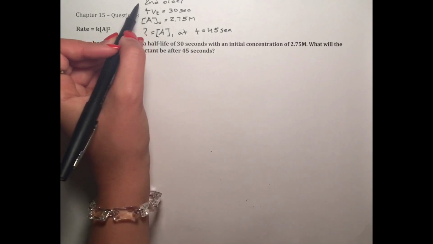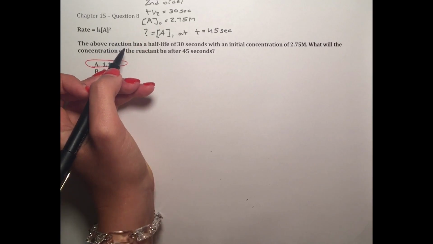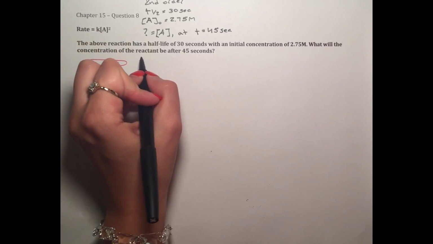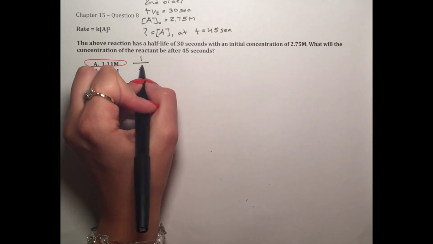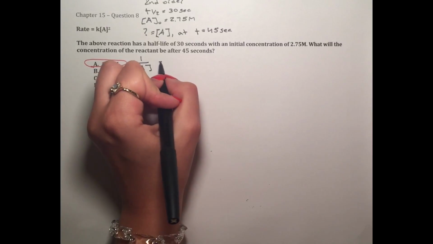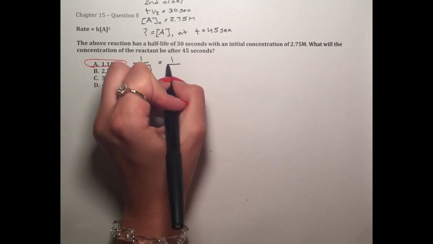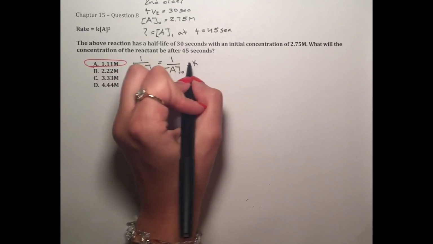Now, because we know that this reaction is second order, we have 2 equations that we're going to use. These equations are ones that you just have to memorize, and when you do this type of problem over and over again, they'll come to you much more easily than when you do it the first time. So I would suggest doing multiple types of problems like this.